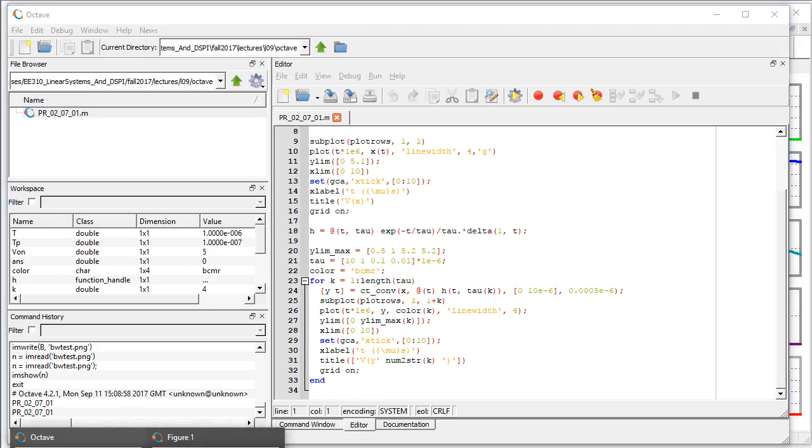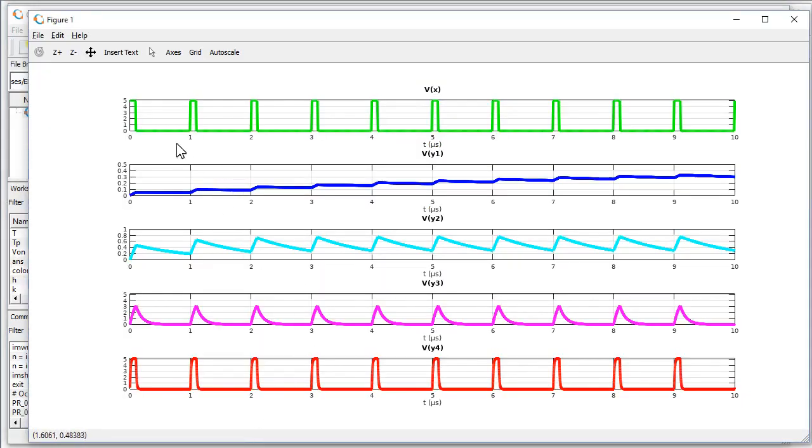And this is the result from that simulation, showing the input waveform at the top, and then the resulting outputs in these 4 graphs right below the graph of the input. The results here are very similar to the results we got with LTspice, and of course they should be if both simulations are correct.